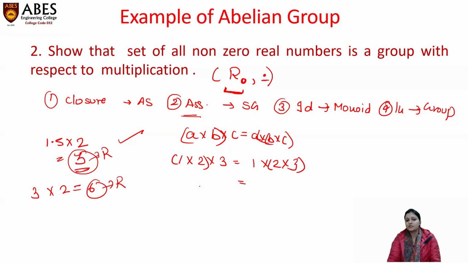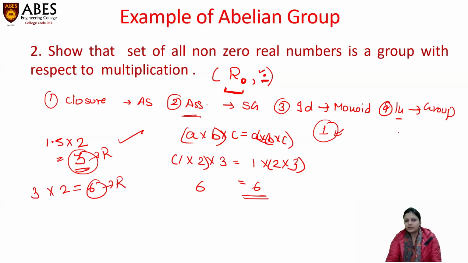The result will always be 6 equal to 6. So associative property will also hold for this case. Now identity element. We know, as explained in the previous lecture, that for multiplication, identity element is always 1.